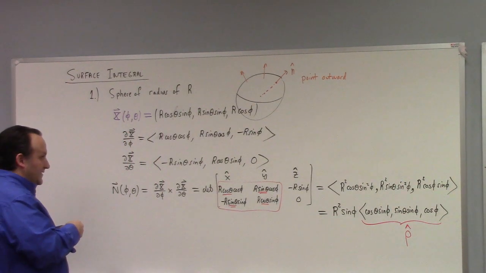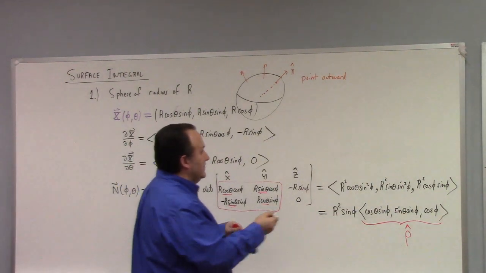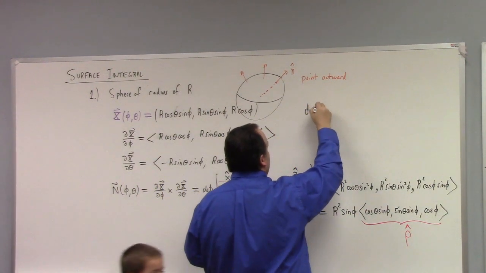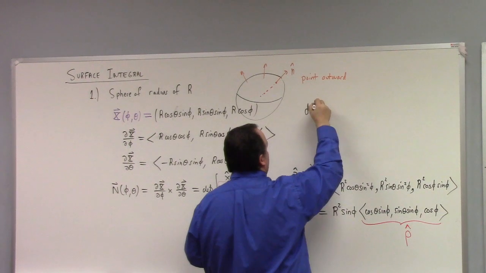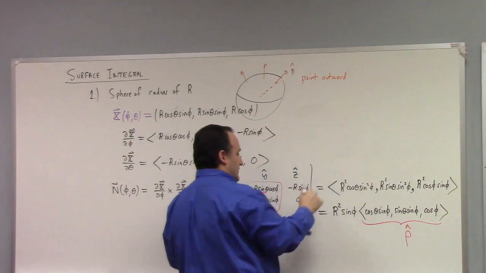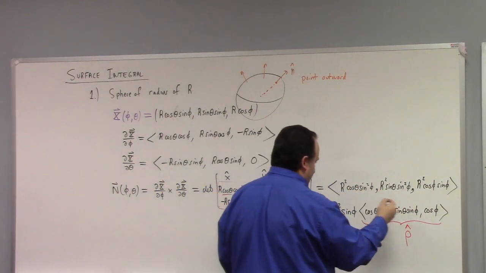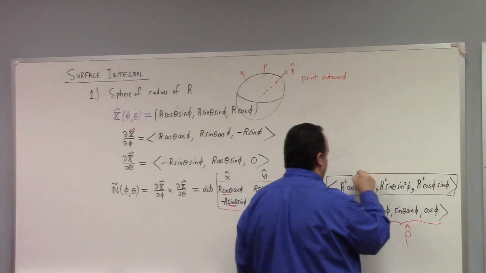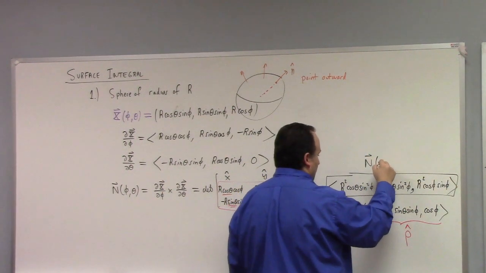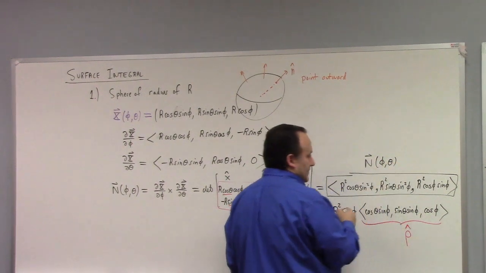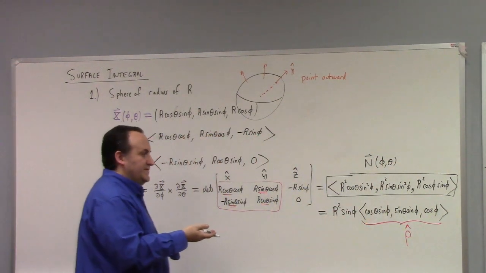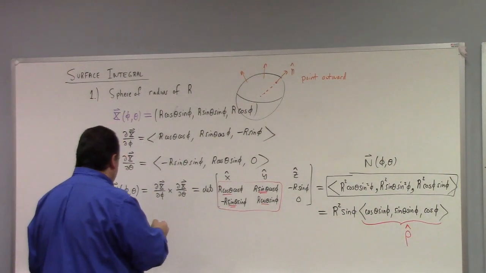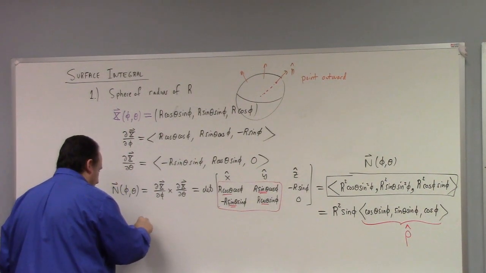And so altogether, we have found the following for the sphere. Right here is a formula for n, a formula for the unit normal to the sphere. But we can write that formula more elegantly in the following way.